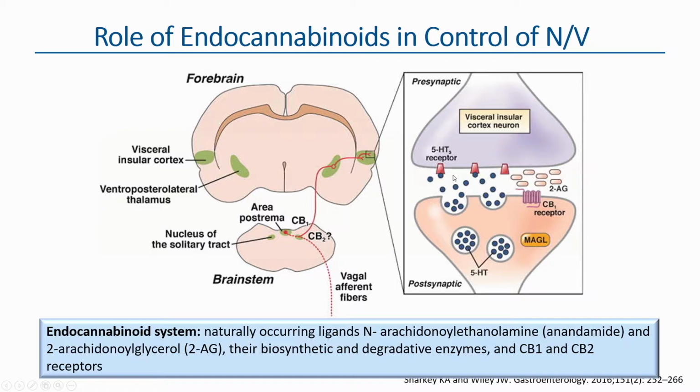As you know, one of the main treatments for nausea is a 5-HT3 antagonist, that's ondansetron, and that's why it works. But if you act on the CB1 receptor, you release less serotonin. And that's why cannabis can help reduce nausea, and even the THC drug dronabinol.